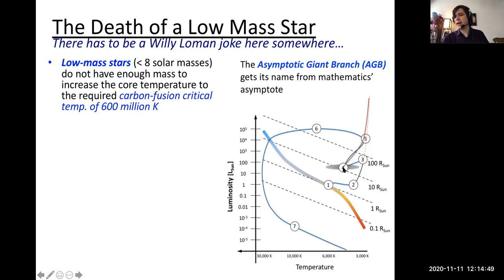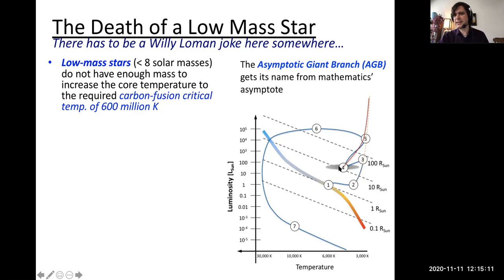And now if we look at the red giant or the asymptotic giant branch, we would notice that that line approaches the continuation of the red giant branch, getting forever closer, but never actually overlapping with it since it started at a slightly different starting point. We call such things in mathematics asymptotes.